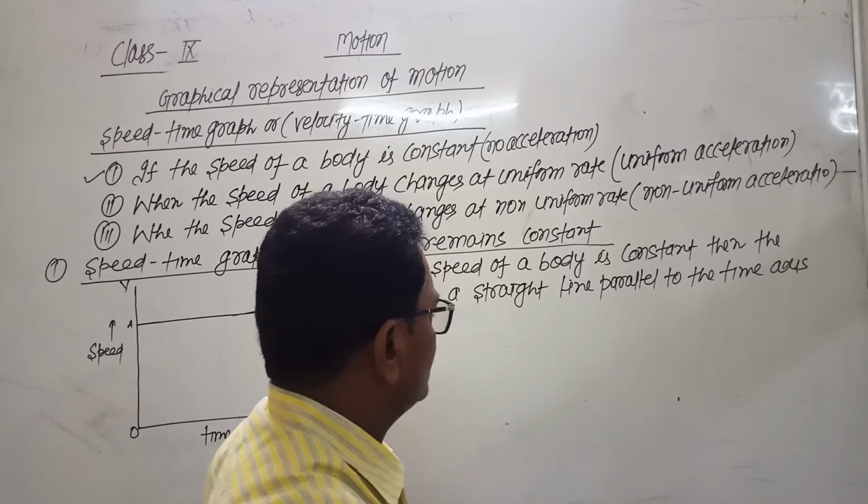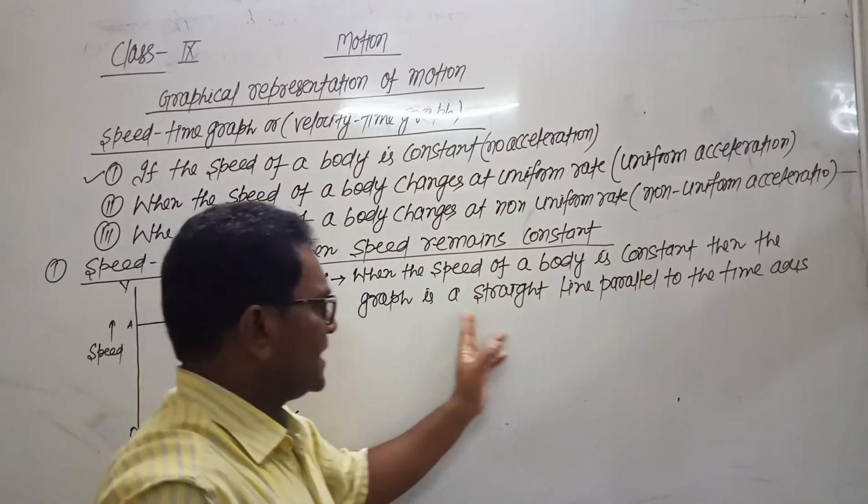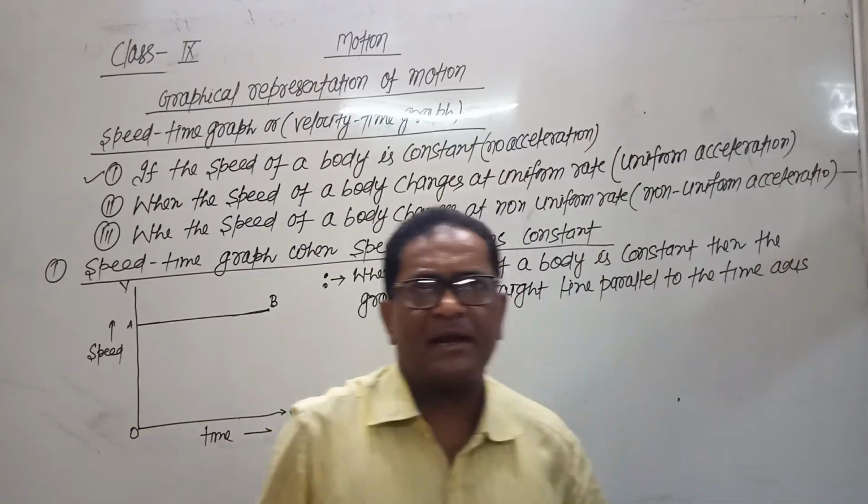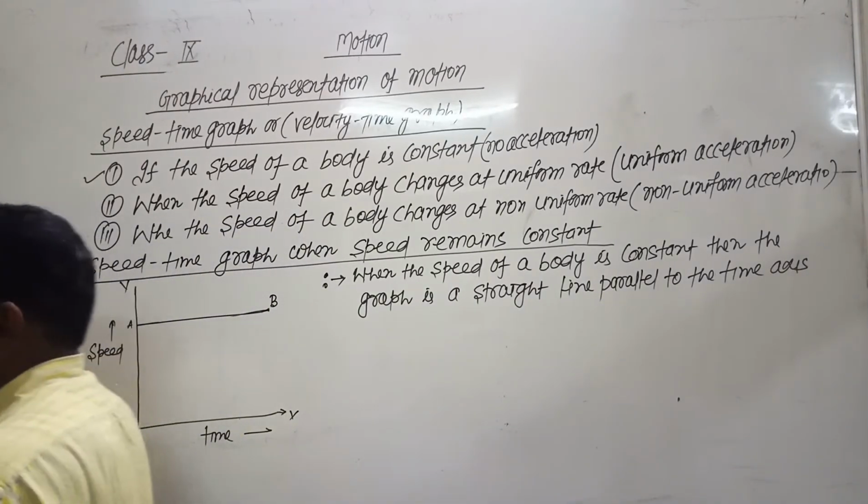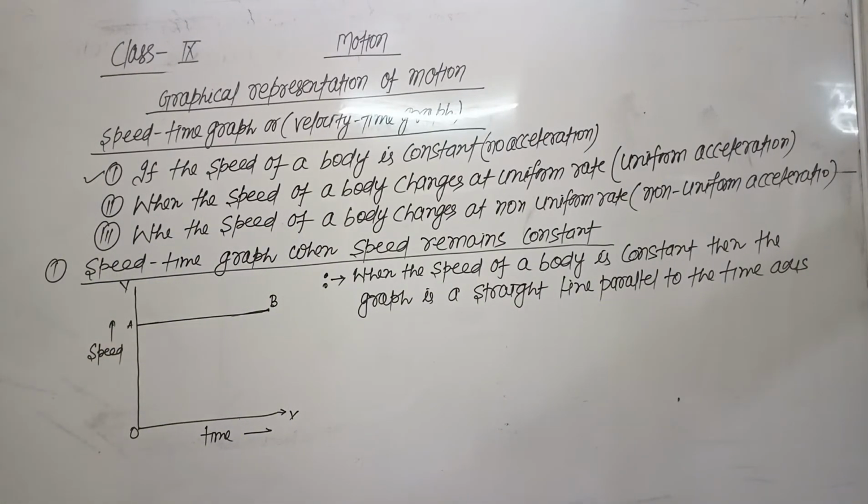And its converse is also true. If the graph is a straight line parallel to the time axis, it means the speed is constant.